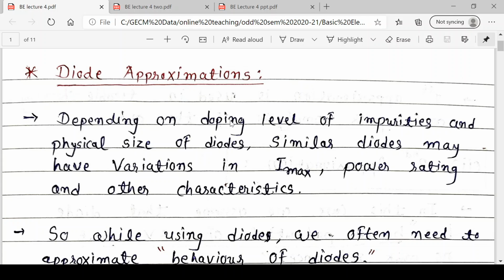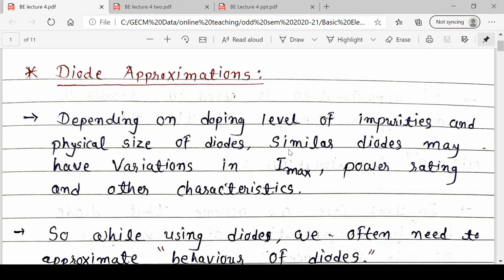For example, we are constructing 50 diodes of similar characteristics or similar category, but there is some variation in the doping level while manufacturing. So it might cause some slight variation in the physical size of diodes also. Due to this slight variation of size as well as doping level of impurities, similar kinds of diode will behave differently. How would they behave differently? Their characteristics will vary slightly.